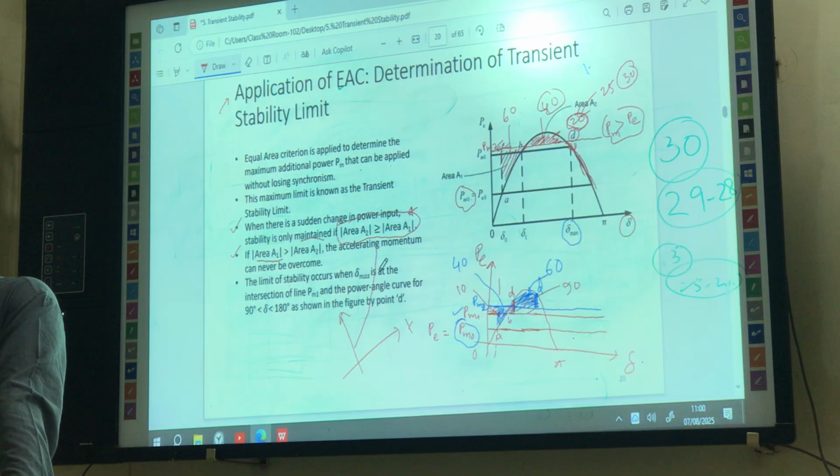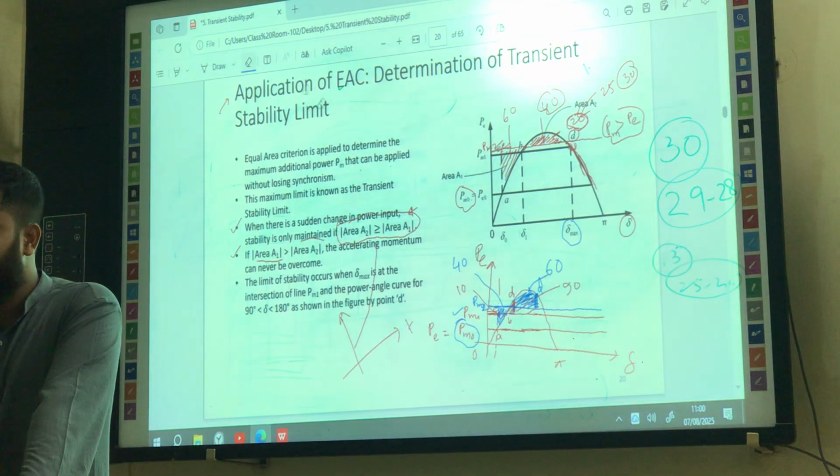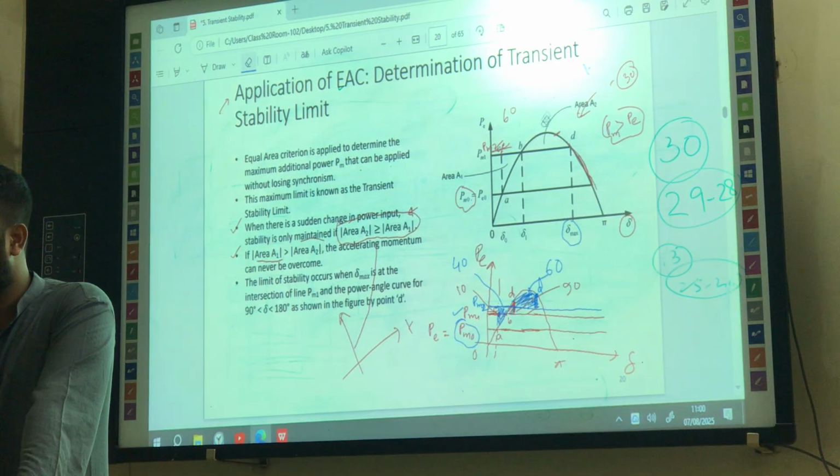Have you understood this thing? So what is our limit here? Limit is this point. Okay.